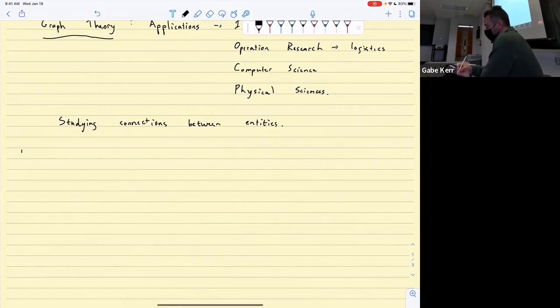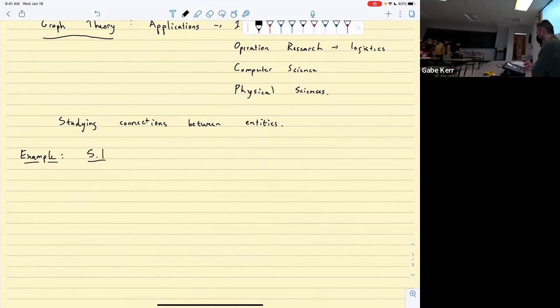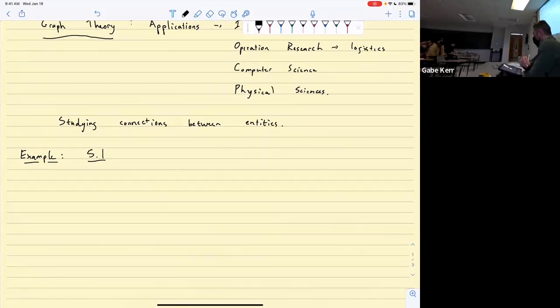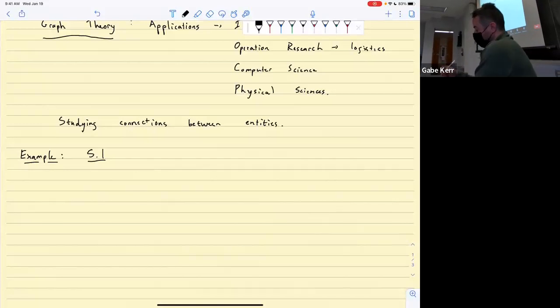So let me look at an example application. This is more in the operations research kind of world. Example is our section 5. They start out in 5.1 with 3 street routing problems.